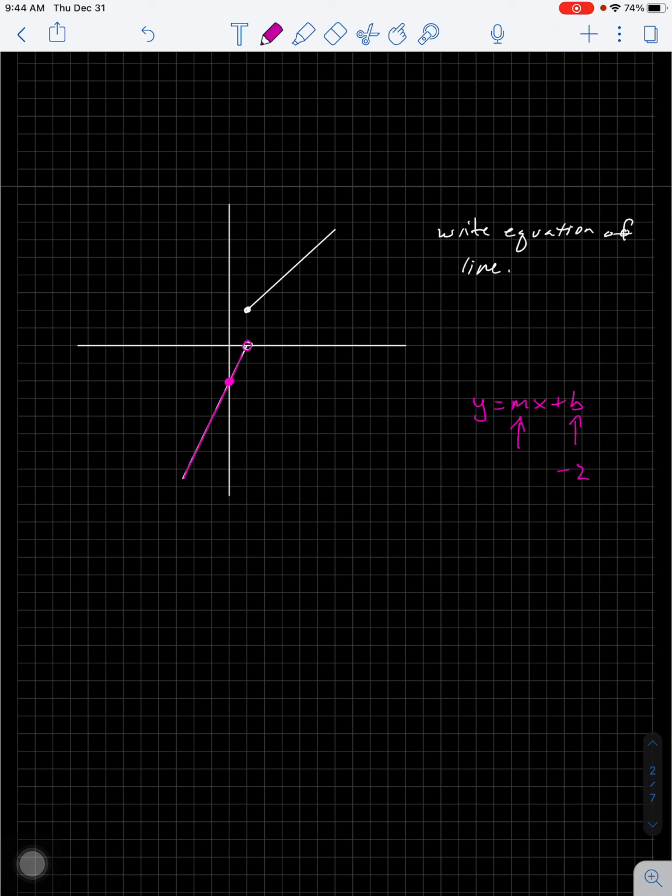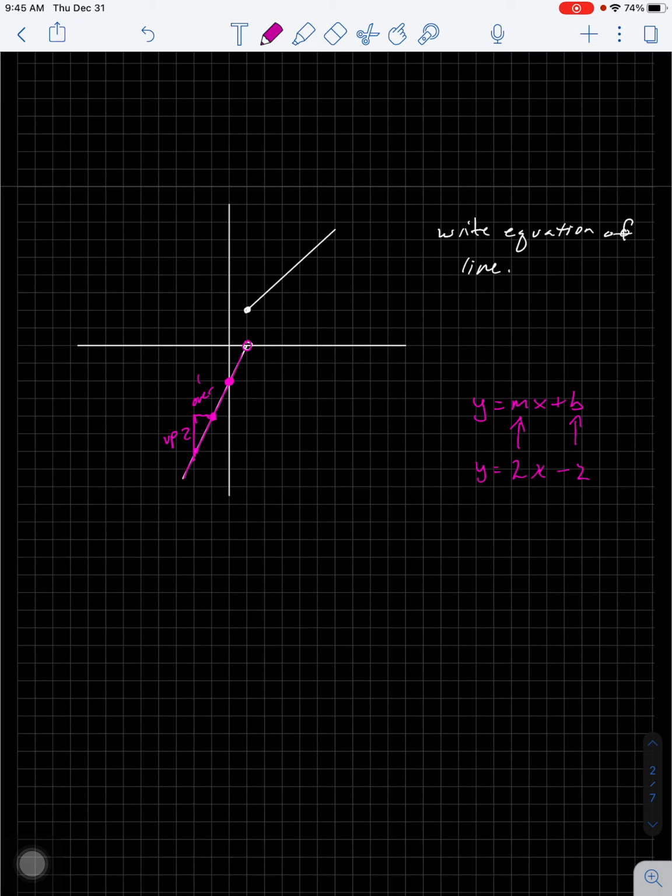In order to do that, you pick any 2 points that you can see where they cross. So let's say here and here. And you're going to count how much you go up and how much you go over. That's the slope. So here I'm going up 2 over 1. So my slope is going to be 2. And then I keep my x in there, and it's y equals. That's the equation of the pink part.